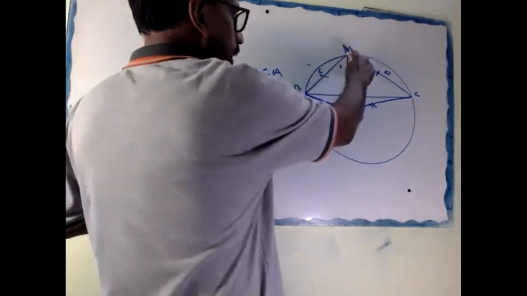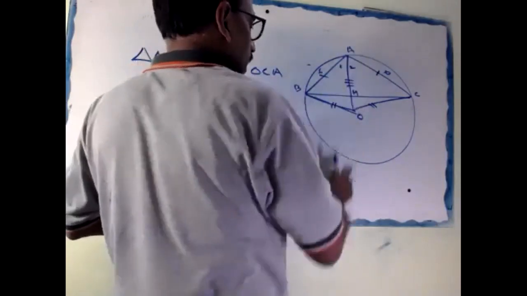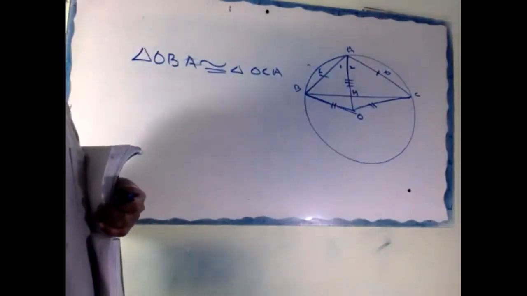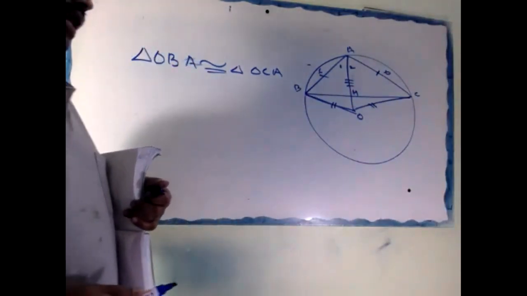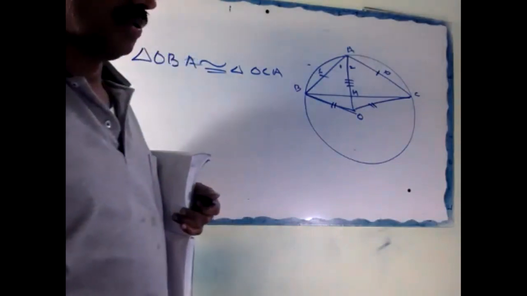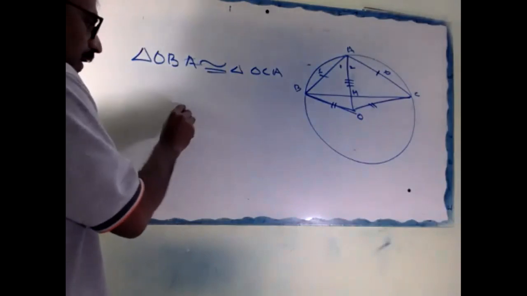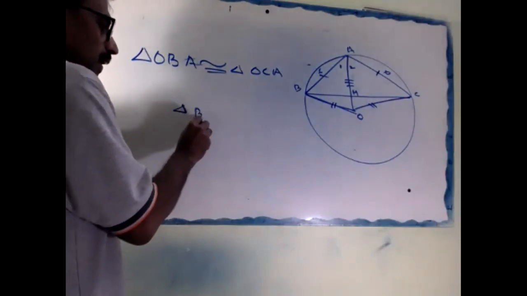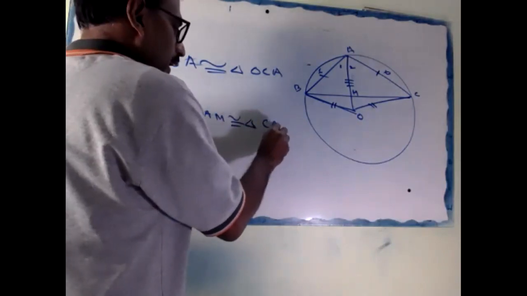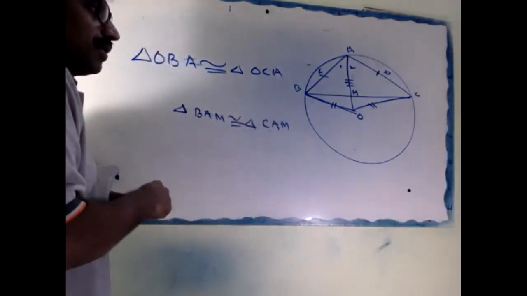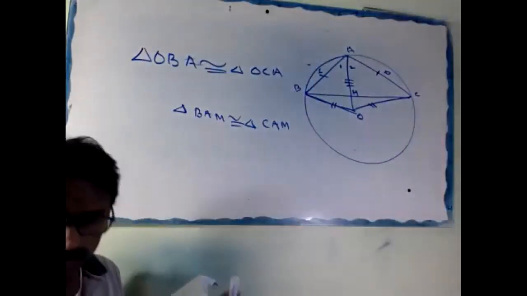Now in triangle AMB and AMC, AB equal to AC, given. Angle 1 equal to angle 2, proved. AM equal to AM, common. Therefore, triangle BAM congruent to triangle CAM, SAS congruency.